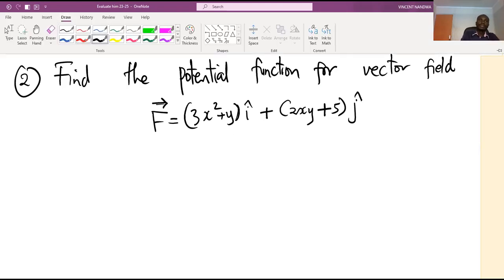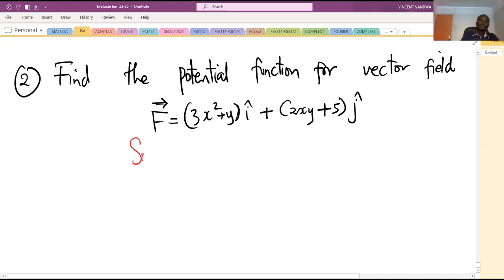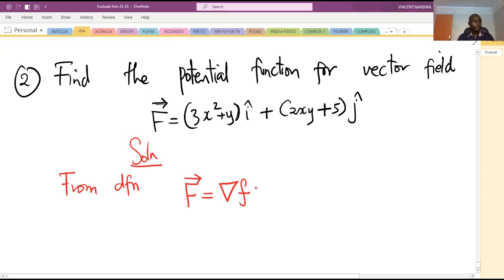So from definition, we know that the vector field F equals the gradient of the potential function f.